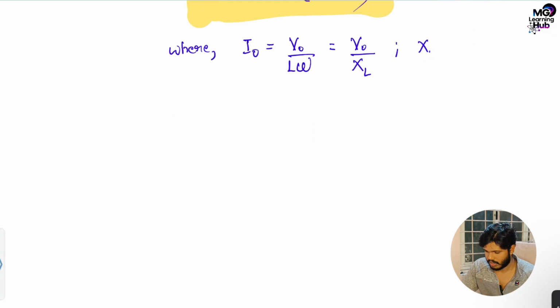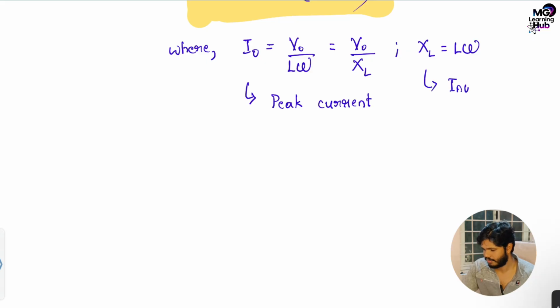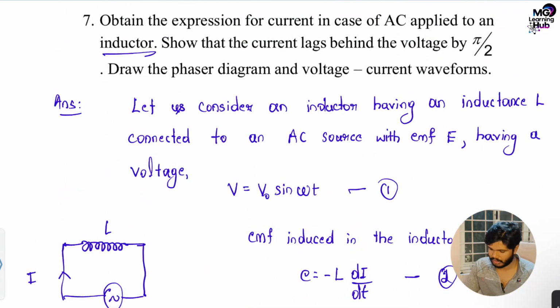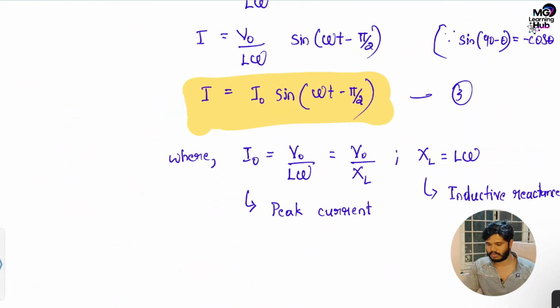And what is XL? XL will be equal to L omega. So this is the peak current and this is the inductive reactance.